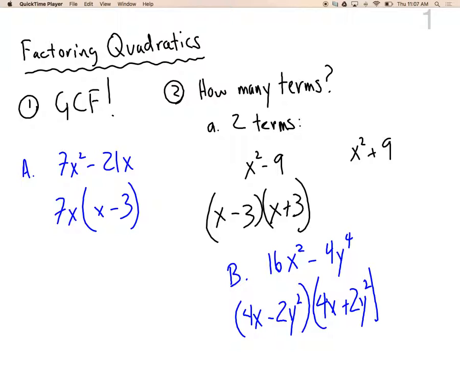Most of the work, however, is going to take place with three terms. And there's no trick for this. It's just a matter of getting comfortable with factoring. Some of you might already be comfortable with factoring.